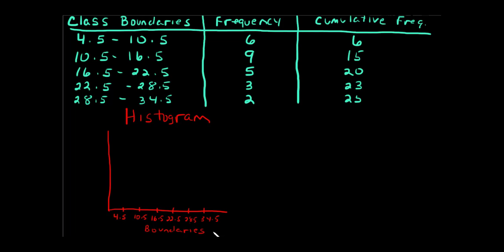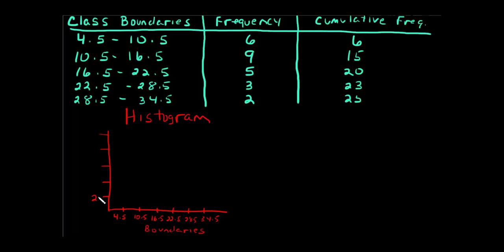Along the vertical axis, this is where the frequencies are going to be, and the highest frequency I have is 9, so I need to make sure that my frequencies on the vertical axis go up to at least 9, but I'm running a little bit short on space. So I'll create a series of tick marks that are also evenly spaced, and I'll use scaling to make each tick mark at intervals of 2.